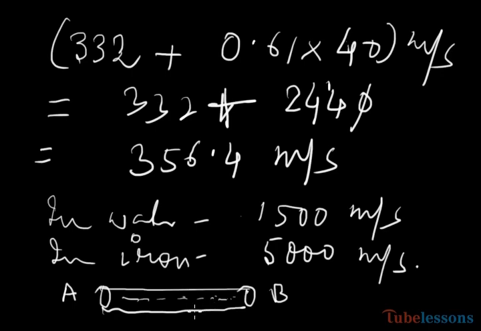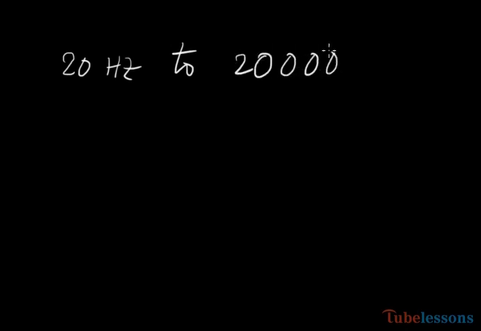Now, audible sound. Audible sound has a particular frequency. Audible means audible to human beings. Its frequency will be 20 Hz to 20,000 Hz.